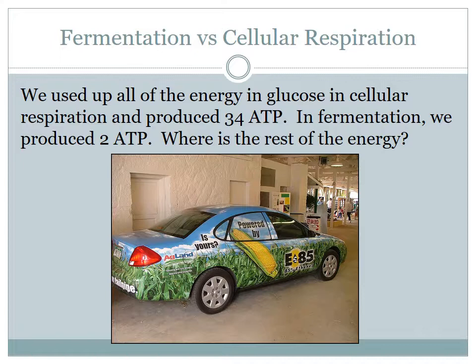In fermentation, we take this same molecule with the same amount of energy present, but in this case, we only are able to release 2 ATP. Where's the rest of the energy? Energy is neither created nor destroyed, so where is it? The rest of the energy is stored in the bonds of the waste product.